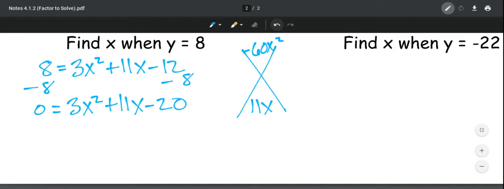There we go. So 4 and 15. You can just keep doing it on your calculator until you get the right number. So 15x and negative 4x. They add up to 11 and they multiply to 60.